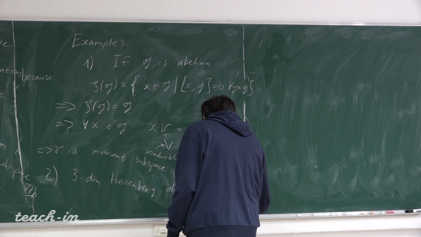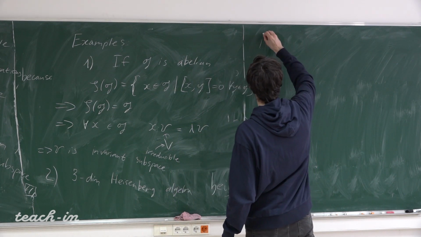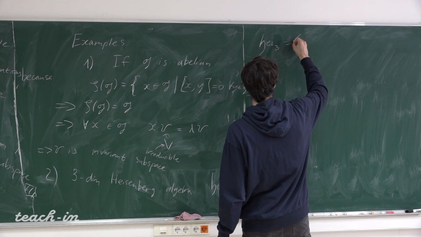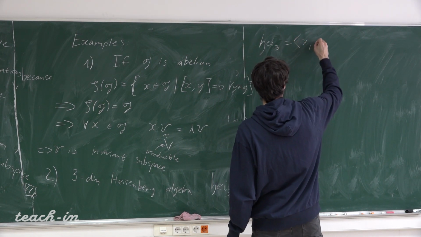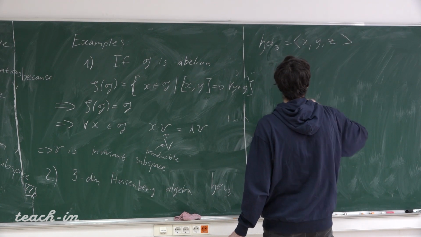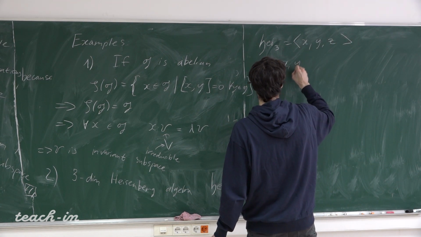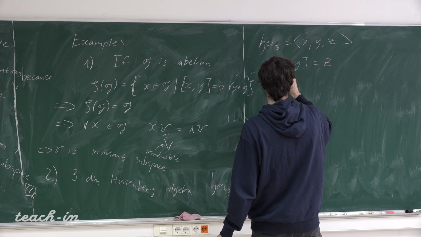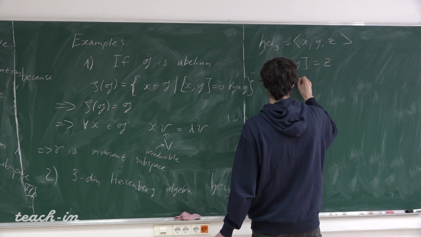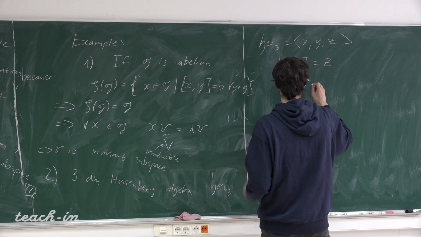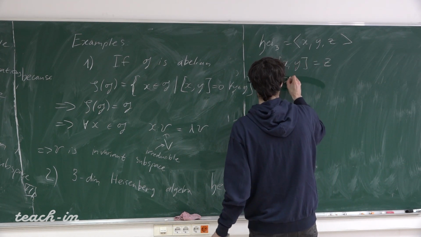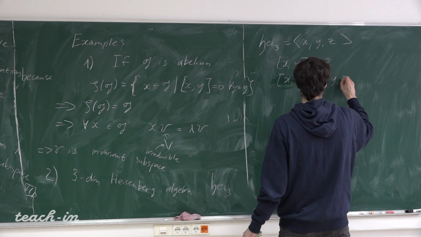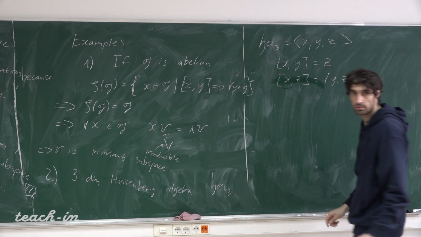That's denoted like this. It has a basis x, y, z, and the bracket of x and y is z, and z commutes with everybody. So the brackets of x, z and y, z are 0.